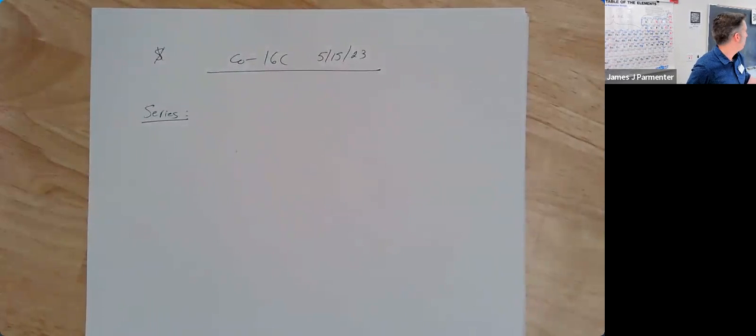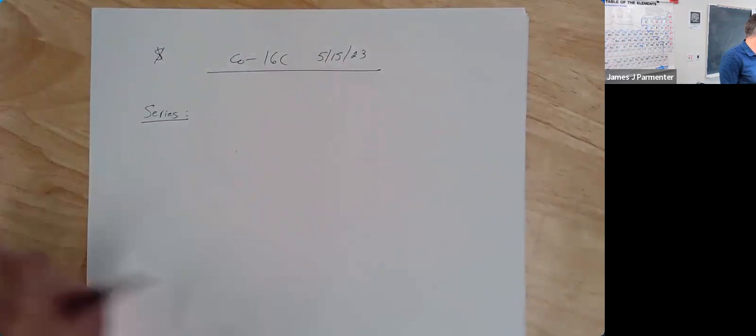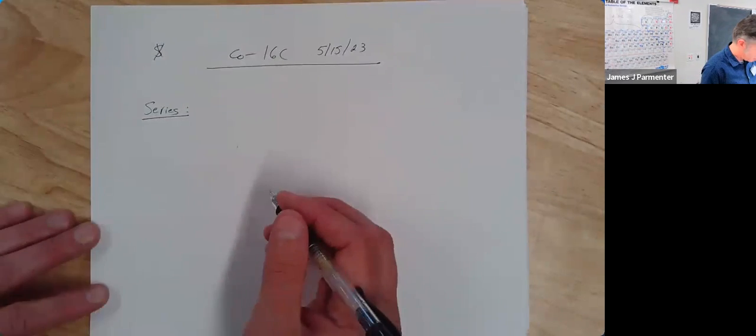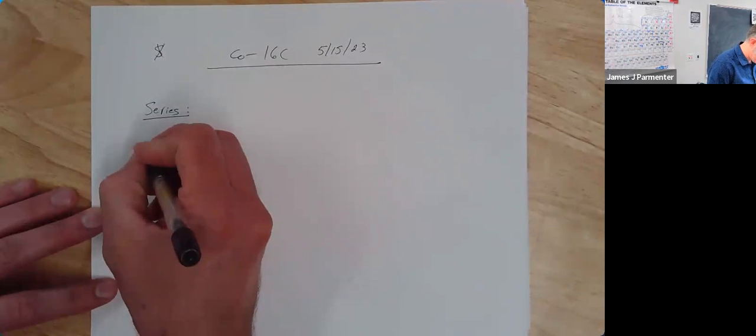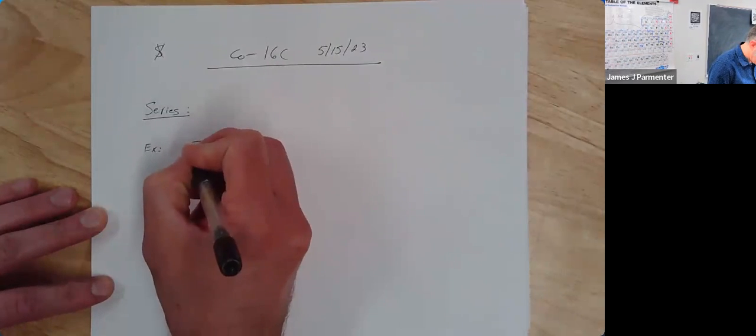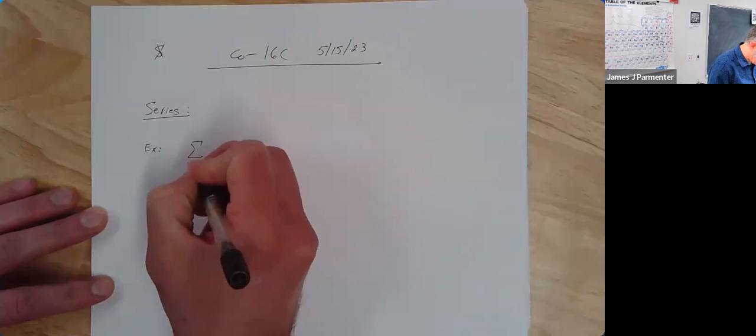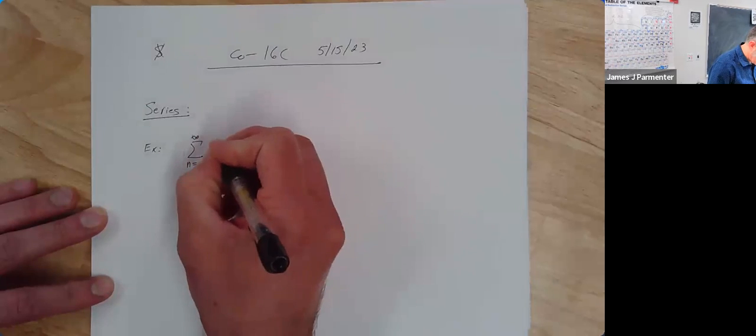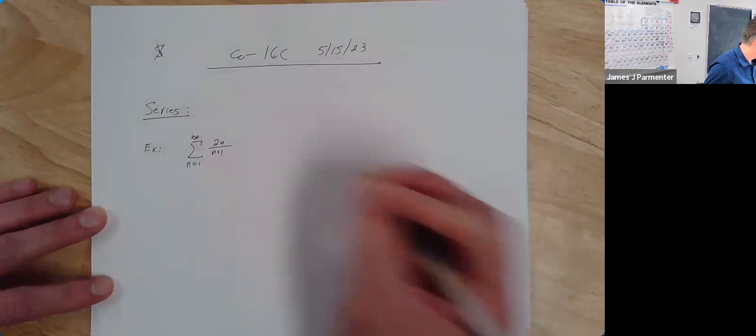What's a series? Well, it's basically a bunch of numbers added up together, right? Typically when we're talking about a series, we're talking about an infinite series. So here's an example. Sum n equals 1 to infinity, 2n over n plus 1.